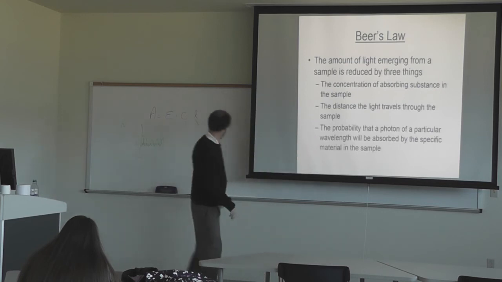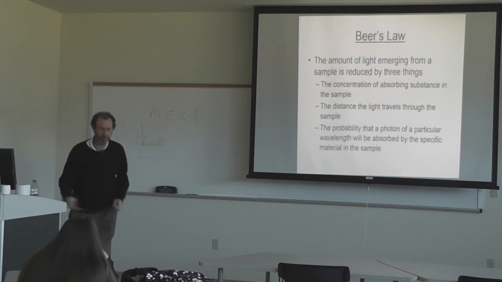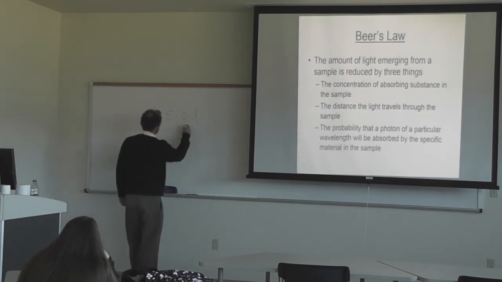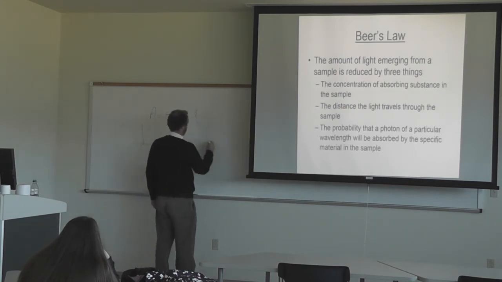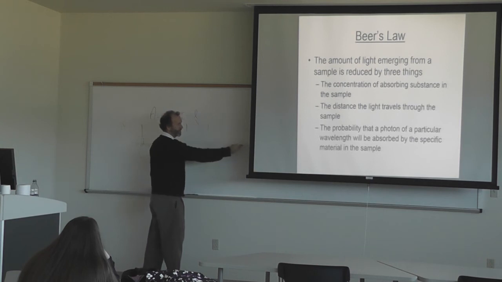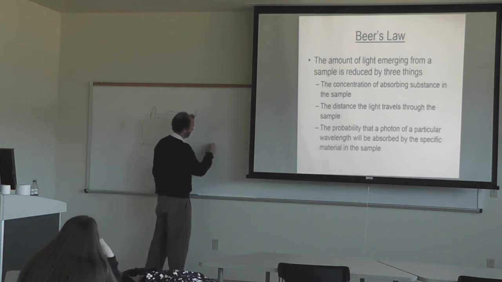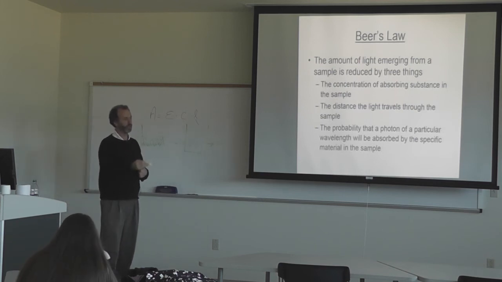If you have a path length with a certain concentration of molecules, and the concentration in these two are the same, but you have a longer path length, the chances increase the longer the light spends in that sample. It increases the likelihood that it'll hit the molecule in the right way.